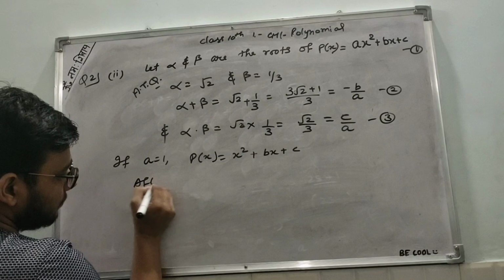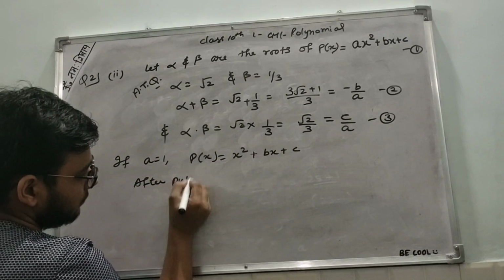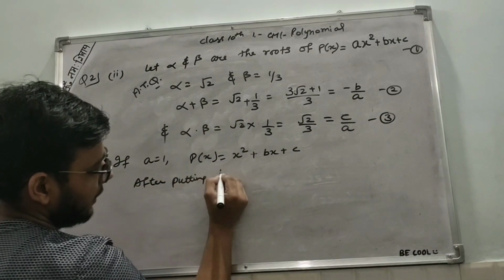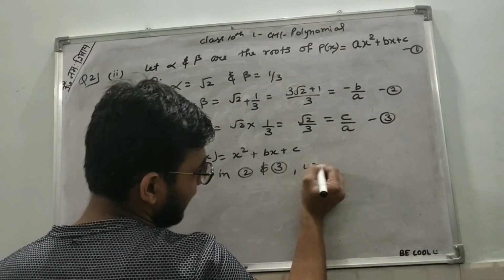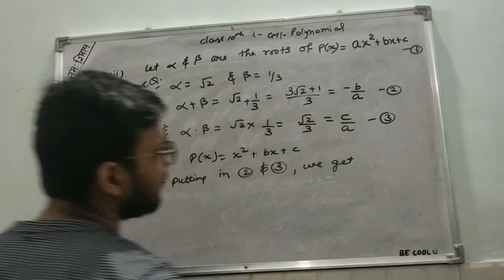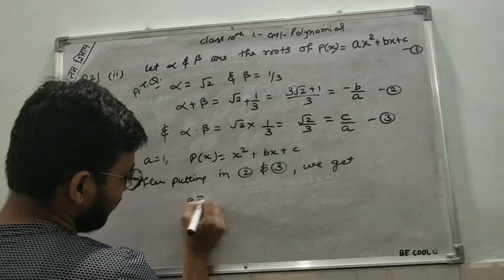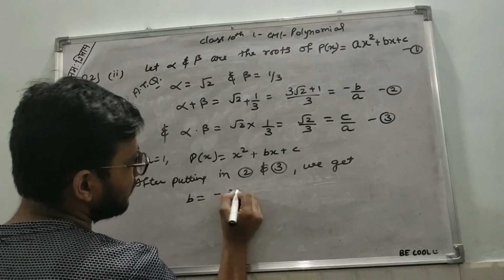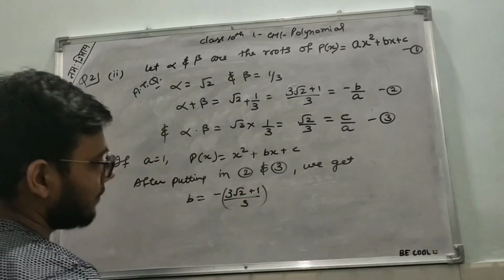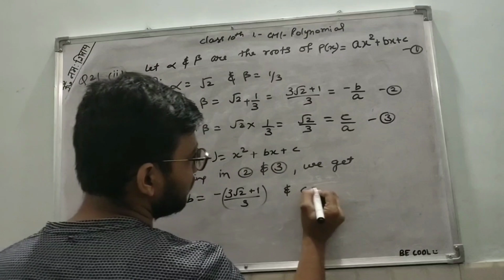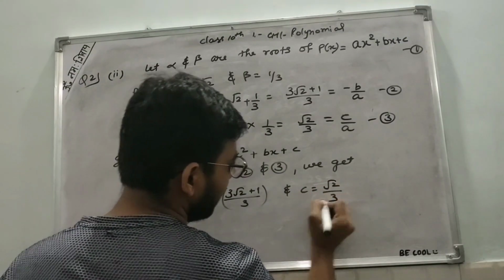After putting in 2 and 3, we get b is equal to minus (root 2 plus 1 by 3) and c is equal to root 2 by 3.